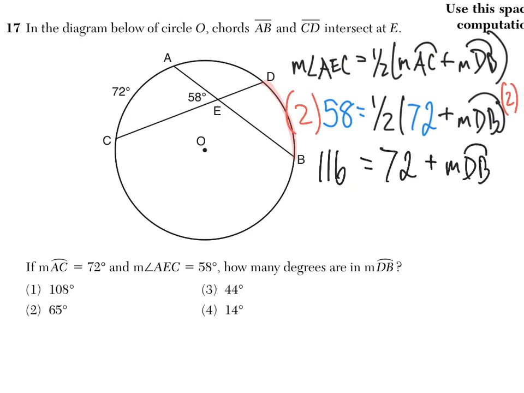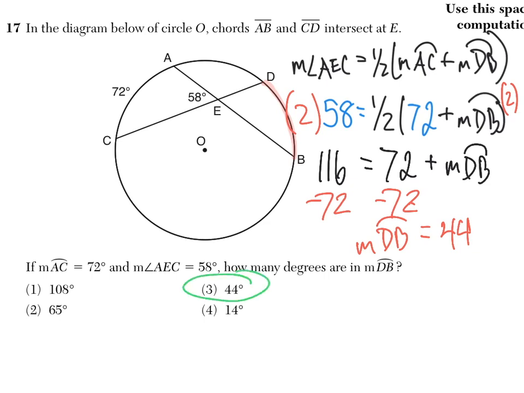Let's subtract 72 from both sides, and arc DB equals 44. Amazing. Is that an option? It sure is. Option 3 is 44 degrees, so arc DB is 44 degrees.